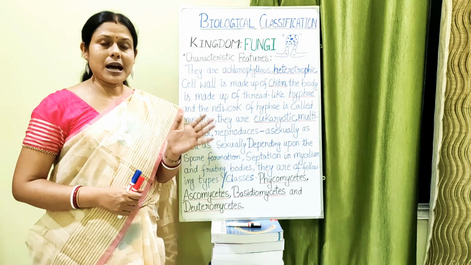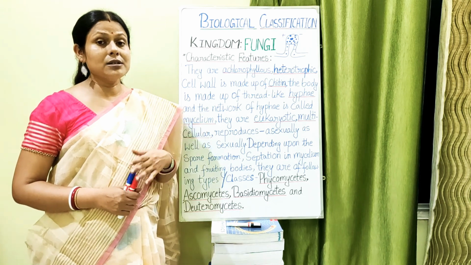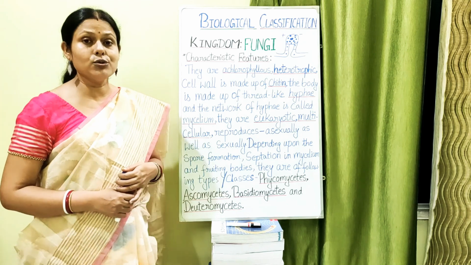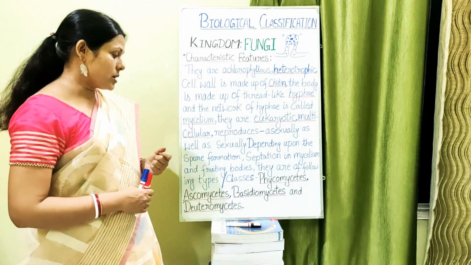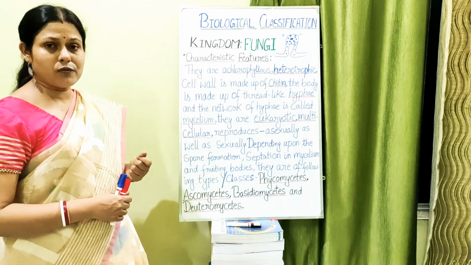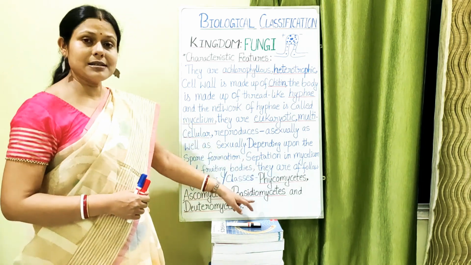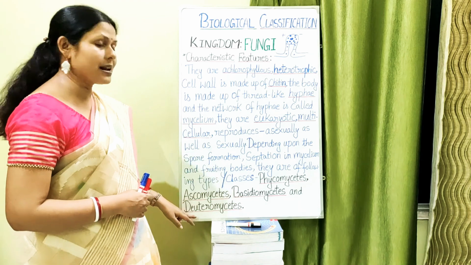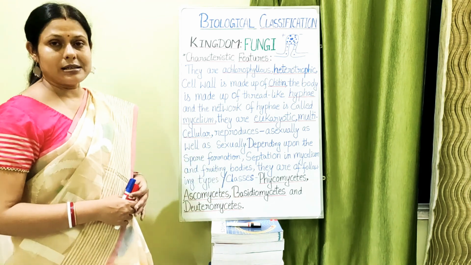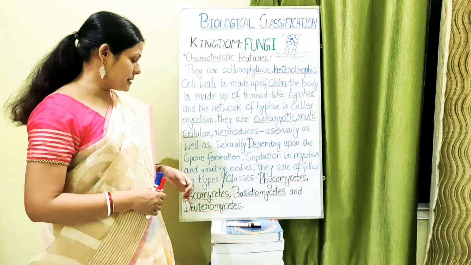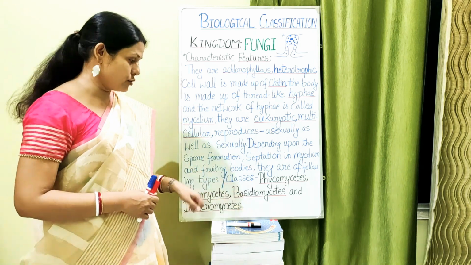Depending upon that, the kingdom fungi is further classified into classes. There are a total of 4 classes: first Phycomycetes, next Ascomycetes, next Basidiomycetes, and last Deuteromycetes. One by one we will take up these classes.